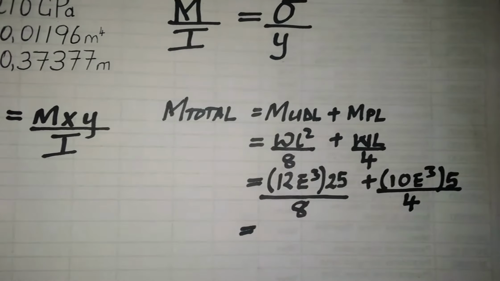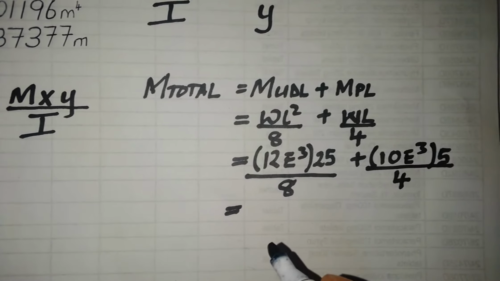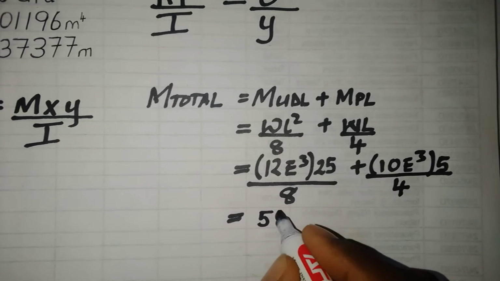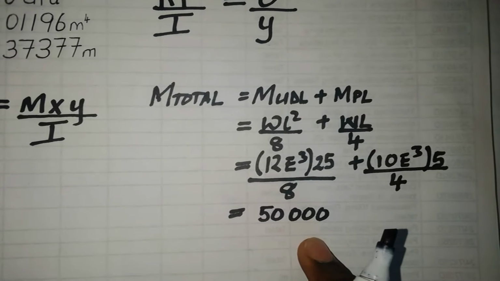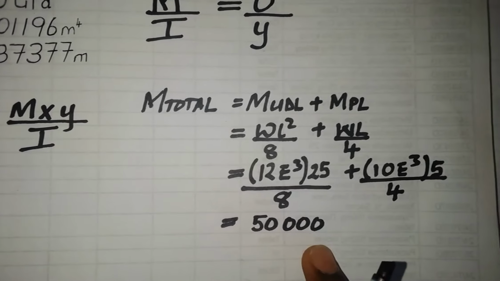If we punch these figures into a calculator, we get 50,000. So for the bending moment, we got 50,000.